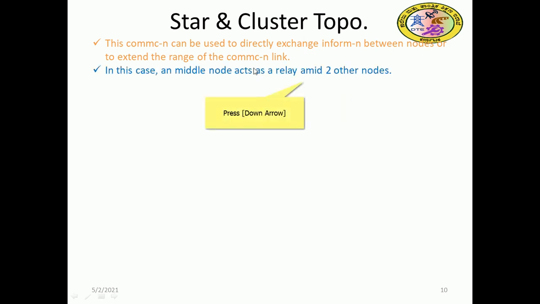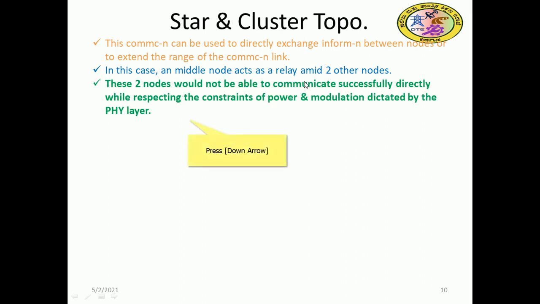In this case, the middle node acts as a relay between two other nodes, that is, an intermediary between two other nodes. These two nodes would not be able to communicate successfully and directly while respecting the constraints of power and modulation dictated by the physical layer.